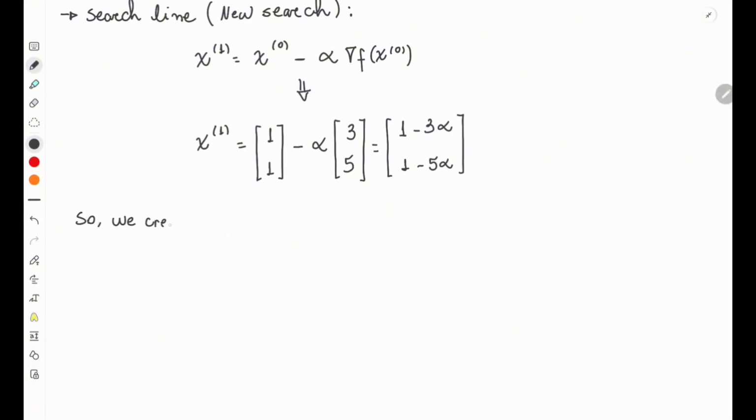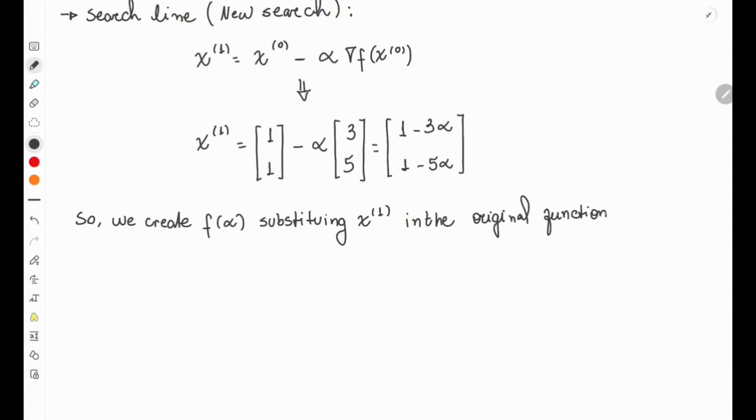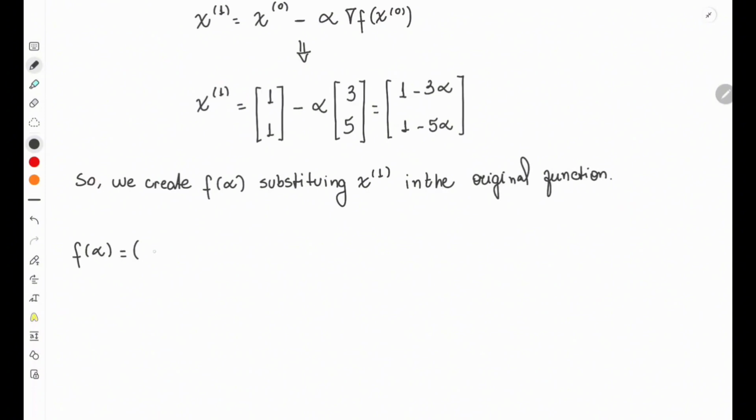Well, so now we create a function of alpha, so f(alpha), and we replace x1 in the original function f(x). So in that case, we got the result for f(alpha) like this.